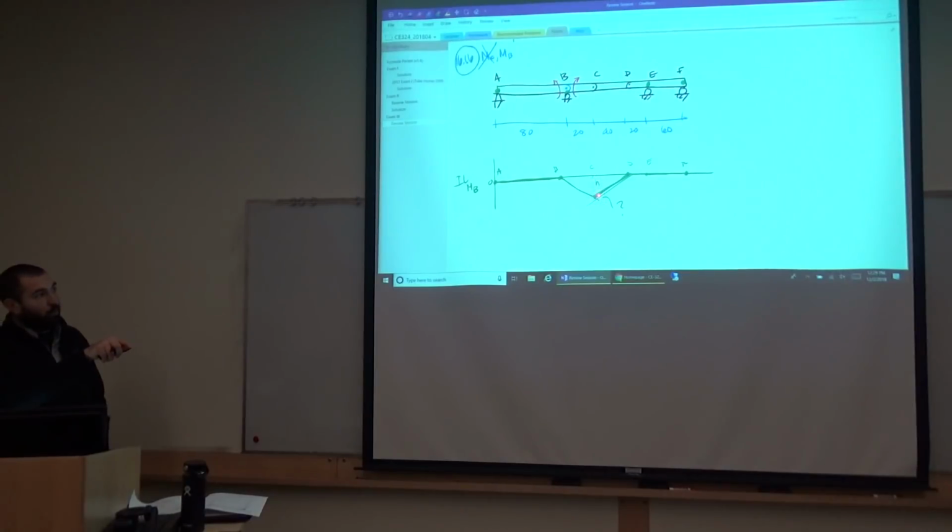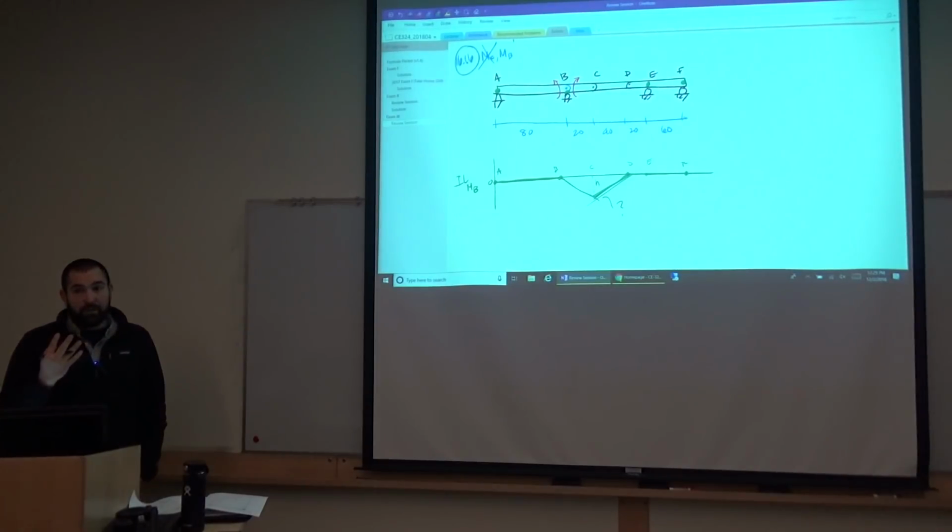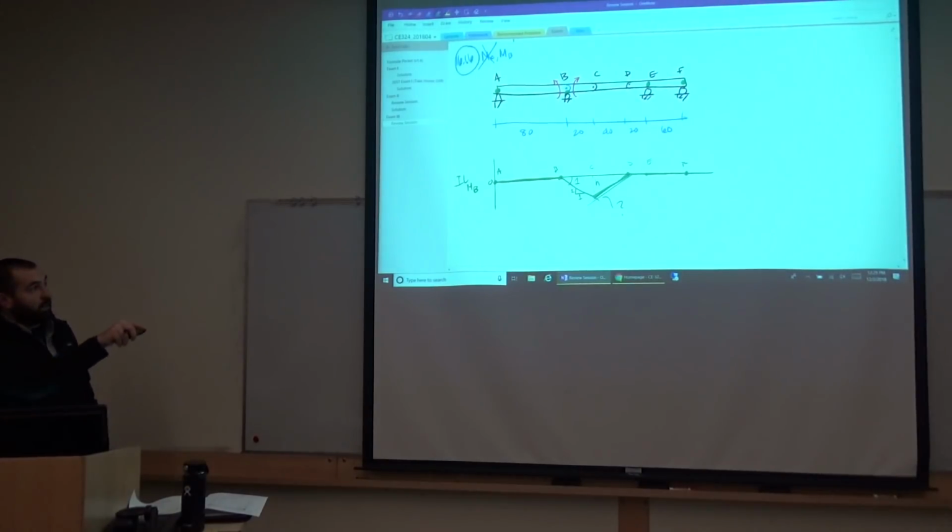It's not focusing on point C. It's not talking about the left side of point C and the right side of point C. What point is important? Yeah, point B is where the slope of this line and the slope of this line, the difference has to be 1. That's what it's saying. And so I'll still draw it like this, but you could also think of it as a slope of 1 to 1 like that, because there's 0 slope in AB. That means that all of the difference in slope has to be taken up in BC.